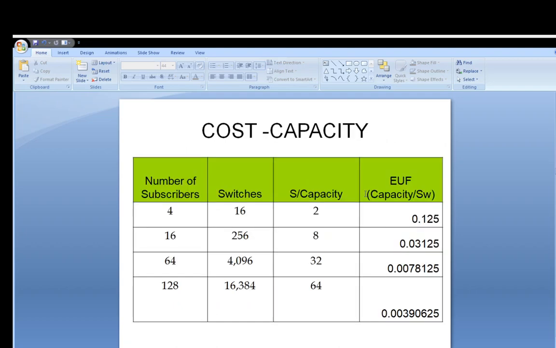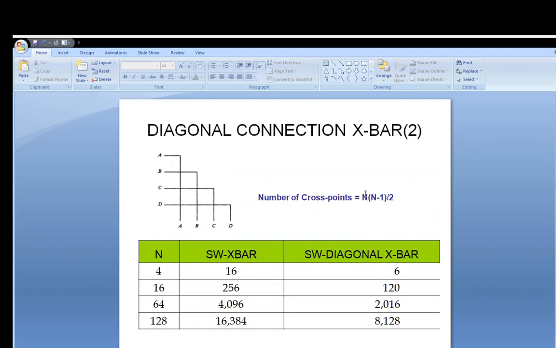That means this type of switching system will be more beneficial in terms of switching capability, utilization of switching, et cetera.